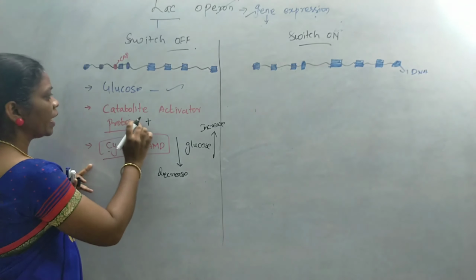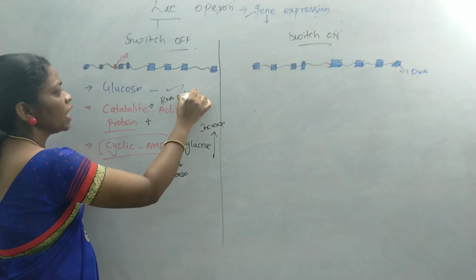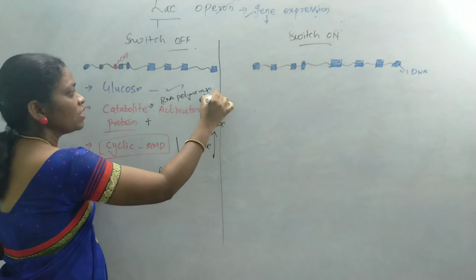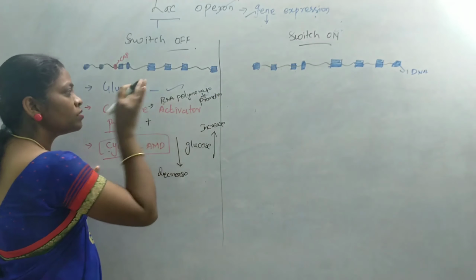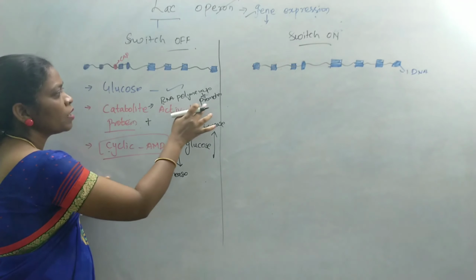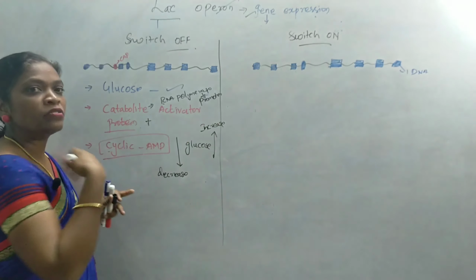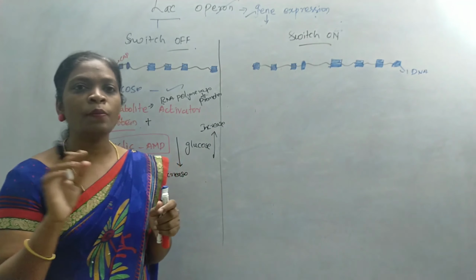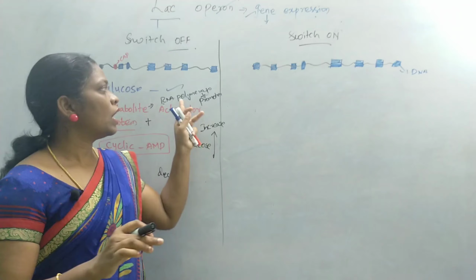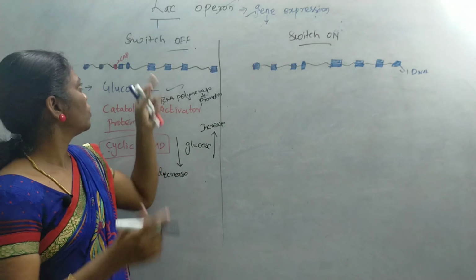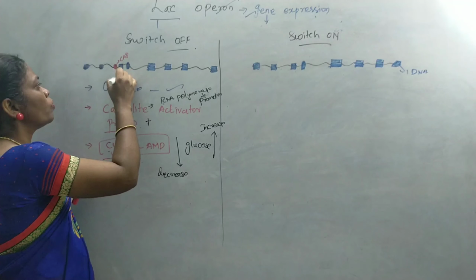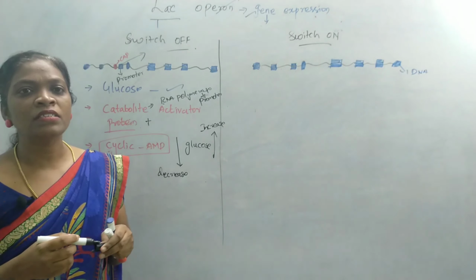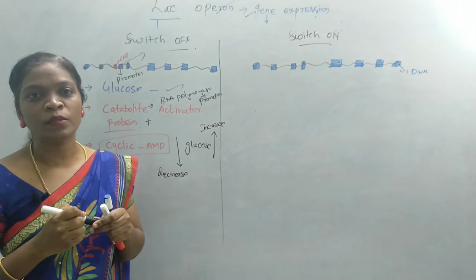The catabolite activator protein will initiate the binding of RNA polymerase with the promoter site when there is a need, and it suppresses the binding of RNA polymerase to the promoter site when there is no need. If there is a need for lactose metabolism, the CAP complex will allow RNA polymerase to bind with the promoter region, to attach with the promoter sequences to initiate transcription.